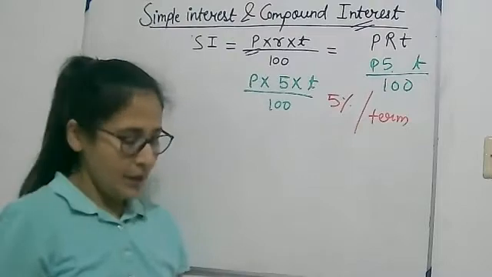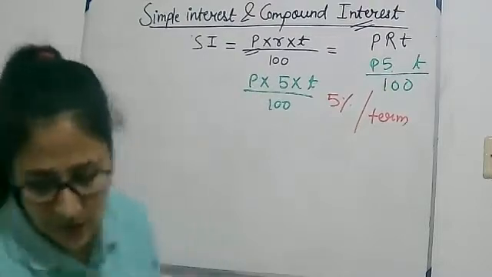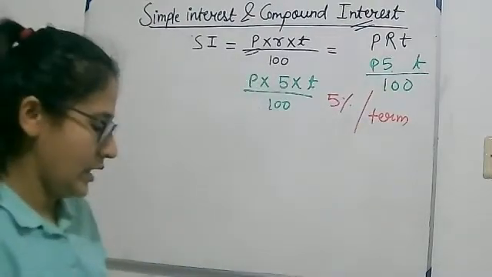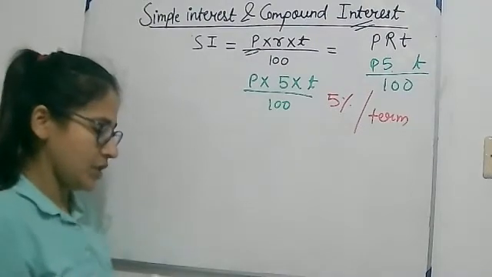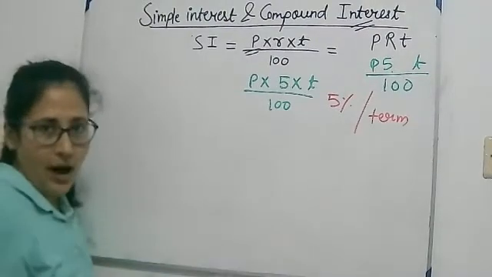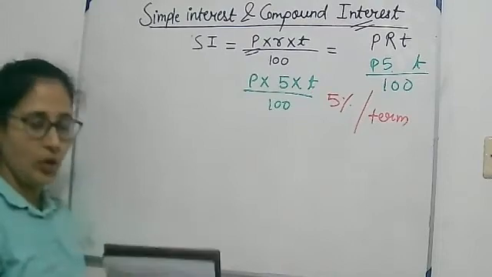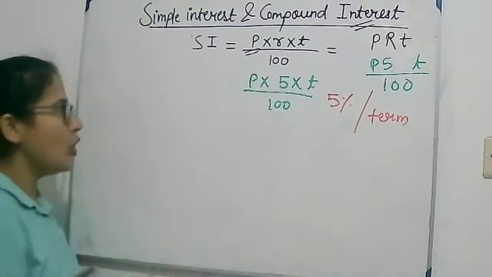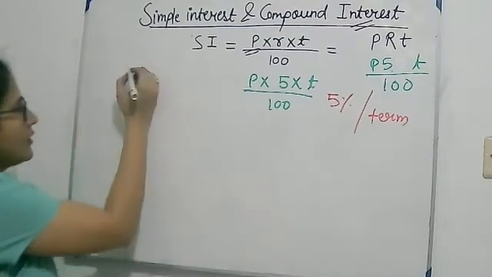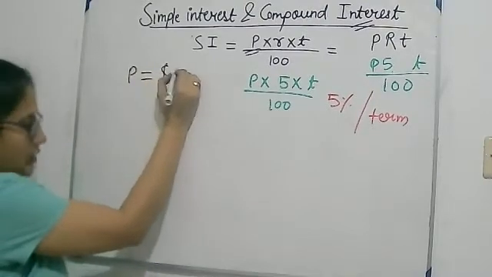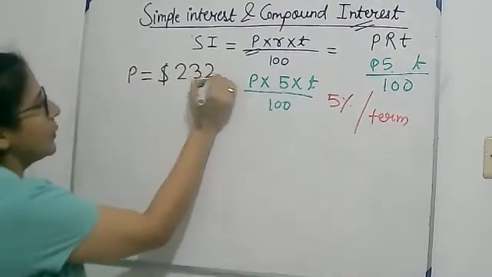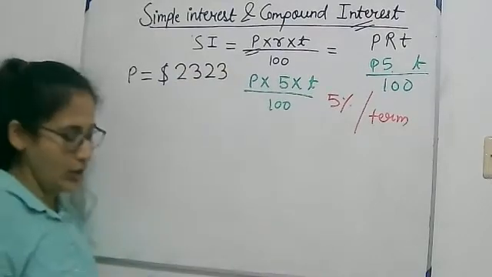Let's see one simple question for simple interest. Like if you have the question: the principal amount, or the value of loan, is $2,323. This is the loan.